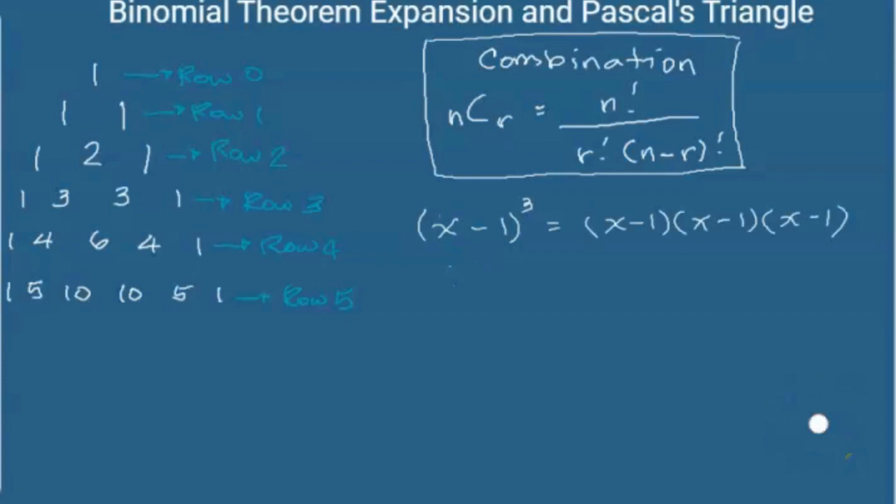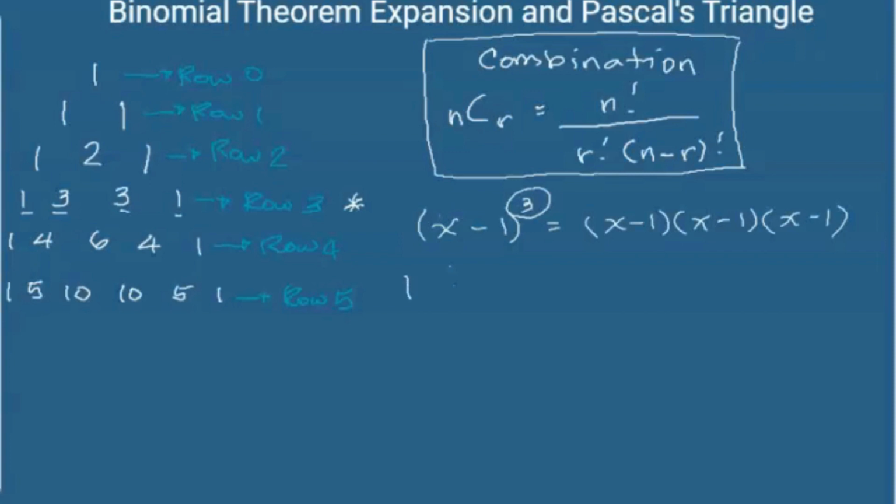So let's use the binomial theorem to find the answer for x minus 1 cubed. Because this is raised to the third power, we're going to use row 3. So how do we do that? We know the coefficients of the binomial expansion are 1, 3, 3, 1.